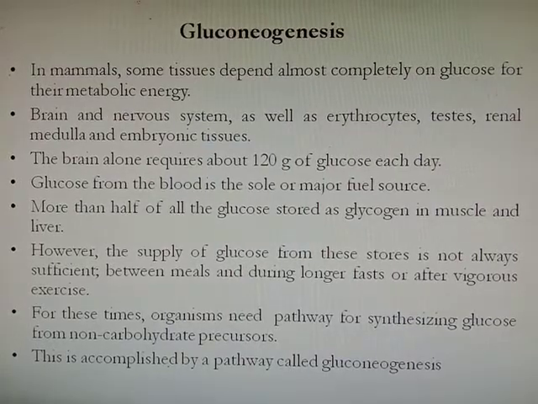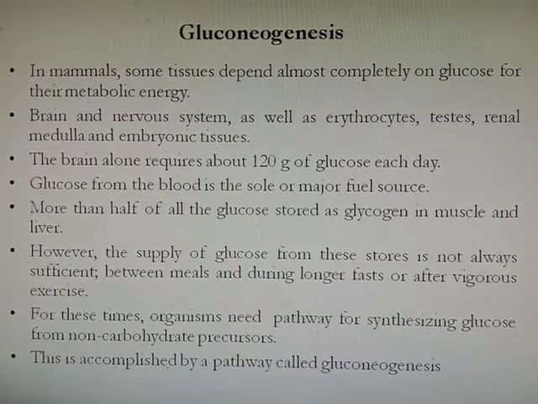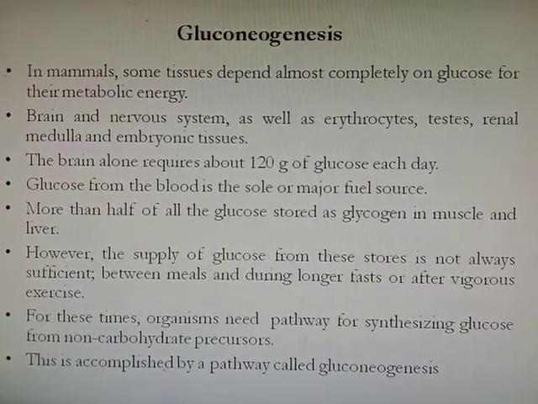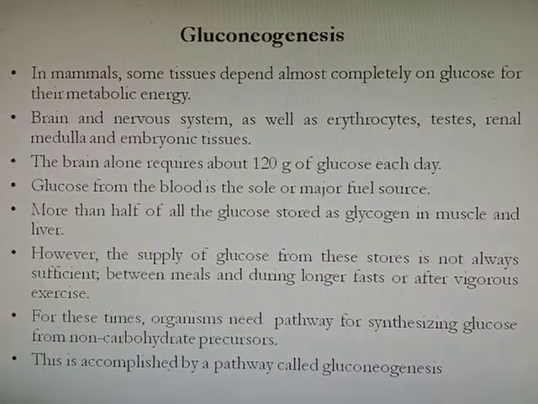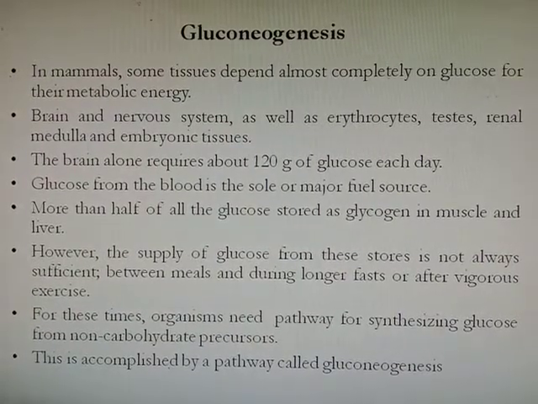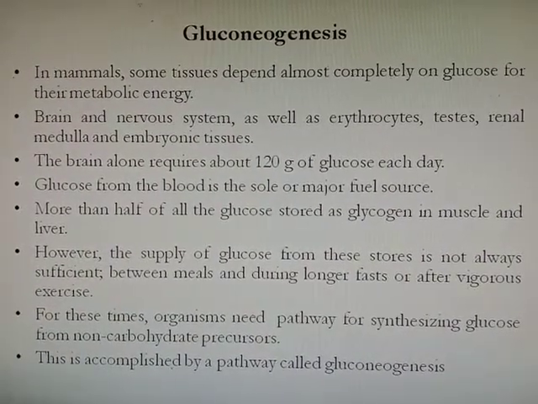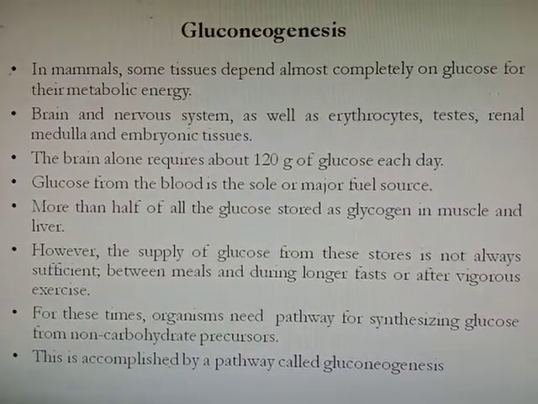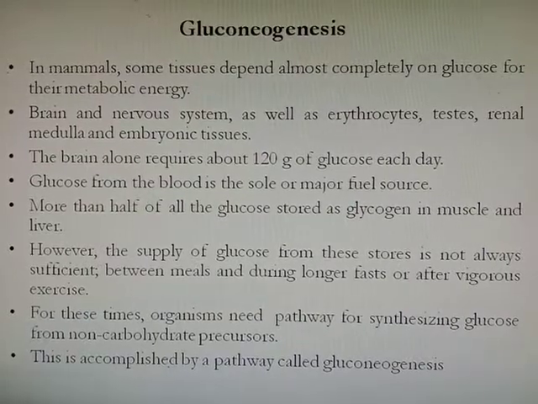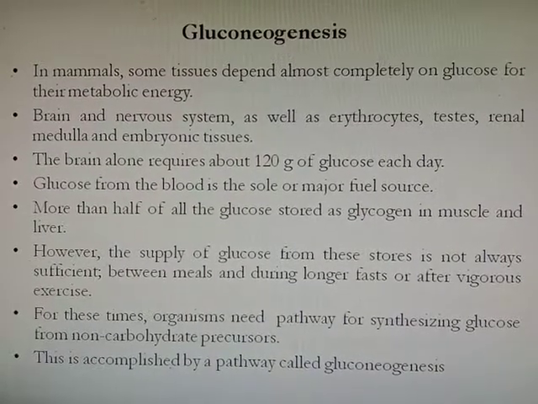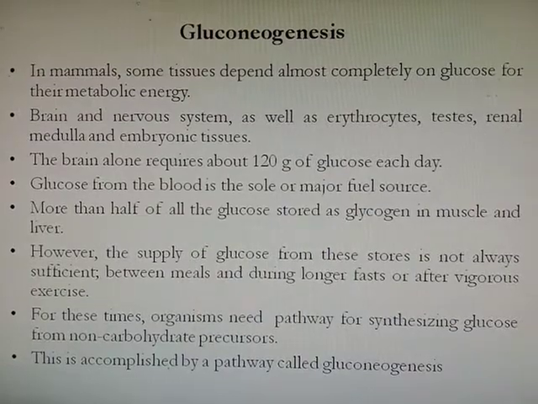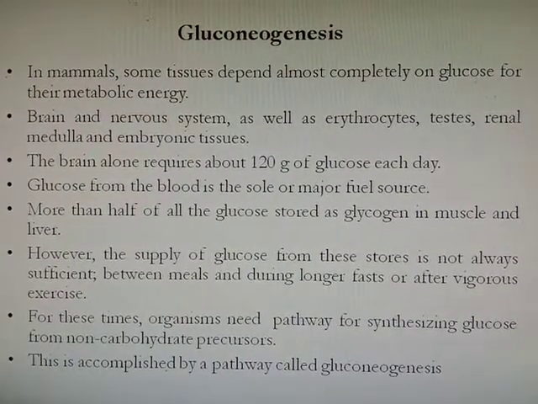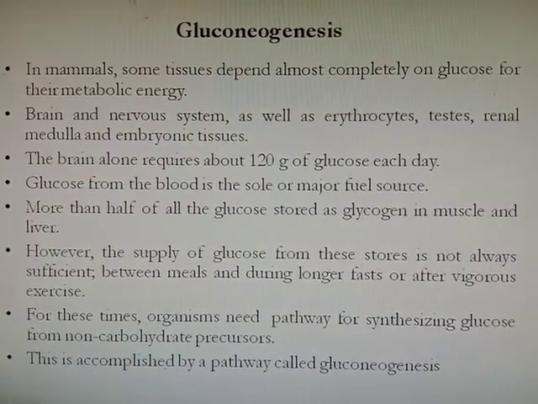For example, between meals, during longer fasting periods, or after vigorous exercise, this glycogen is not sufficient, or converting glycogen to glucose takes a long time, or the free glucose present is not sufficient. For this time, the organism needs an alternative pathway for the synthesis of glucose in quick form from non-carbohydrate precursors. This is accomplished by a pathway called gluconeogenesis.